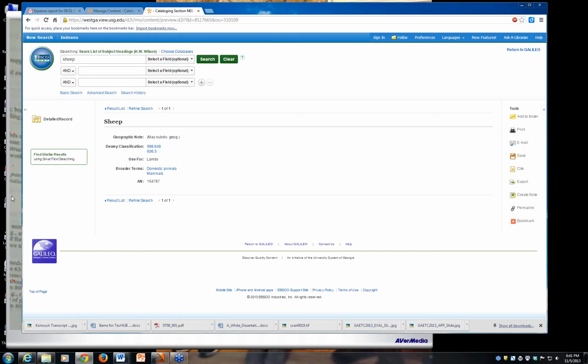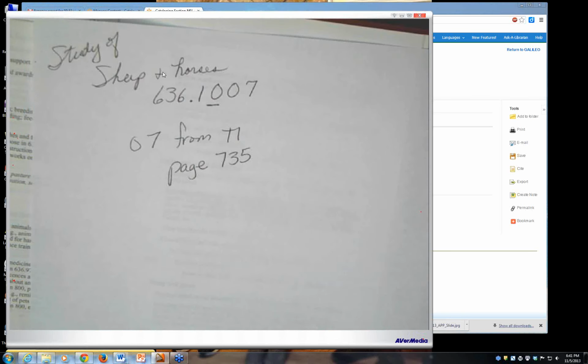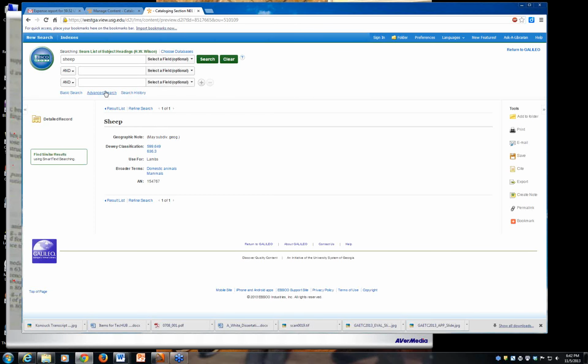This is the number for the anatomy of a sheep, and this one is the number that deals with basic sheep and horses as your pets, as animals, animal husbandry on the farm. It's not the physiology. Now, if you interpreted this title to be physiology, study of sheep and horses, and you think that has more to do with the physical sheep and the physical horse, I would accept that.